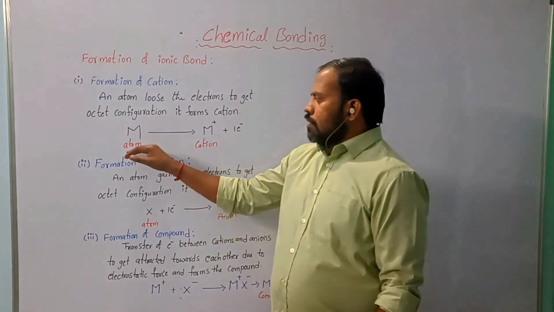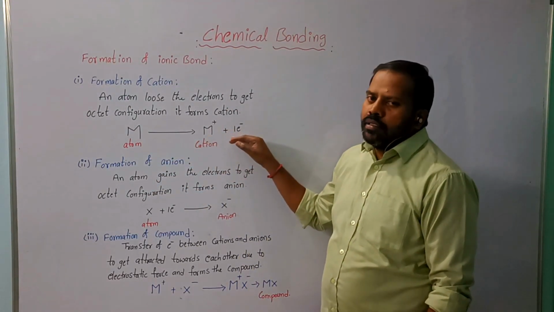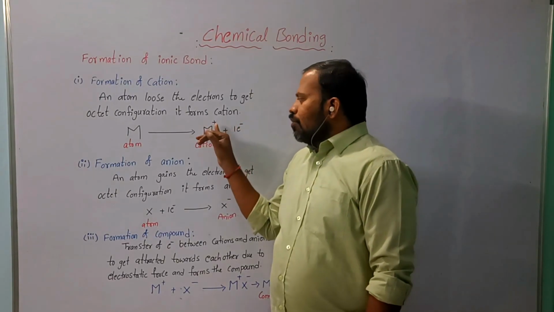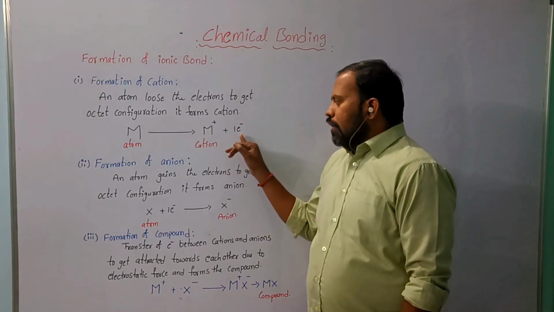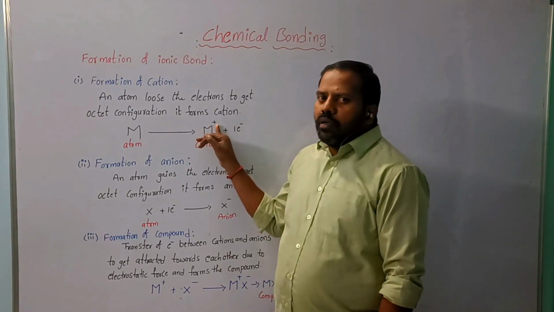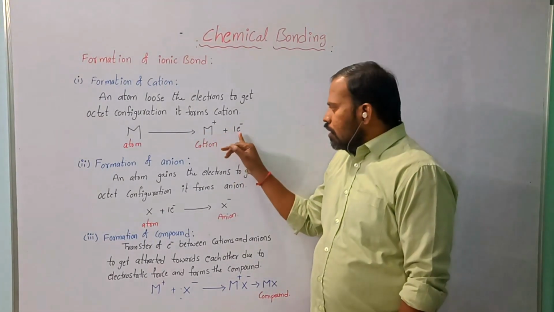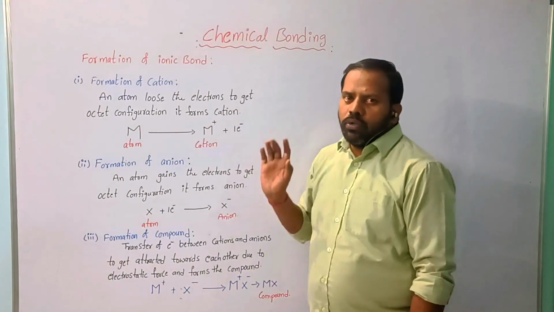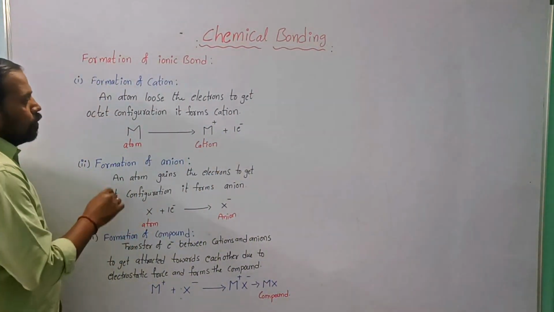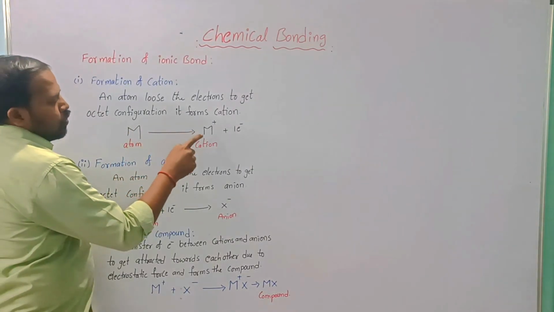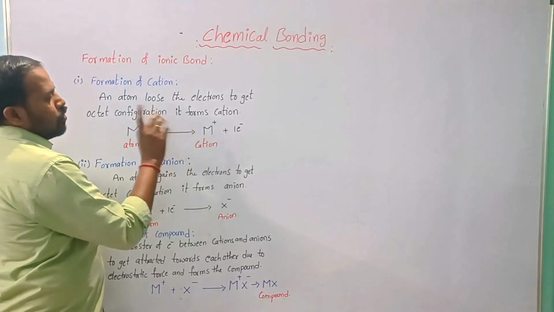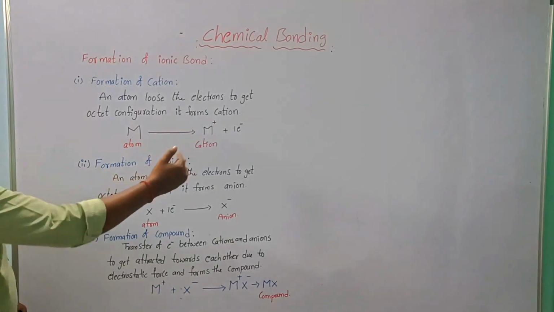So the denotation is M gives M plus and 1 electron. So how many electrons are being lost here? That many we have to mention here. If it is 2 electrons it is donating or losing, then we have to write plus 2. If 3 electrons are lost, plus 3 we have to write. With respect to that atom, we have to write the cation. If you take the sodium cation, Na plus. Mg we are taking, Mg plus 2 will form. That we will see next.